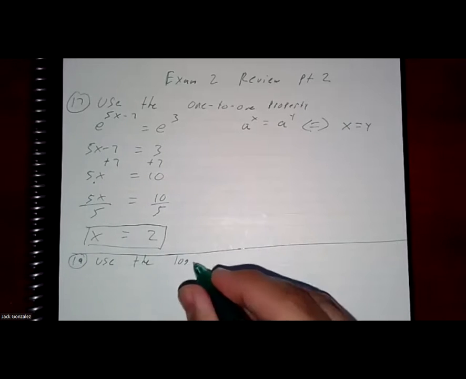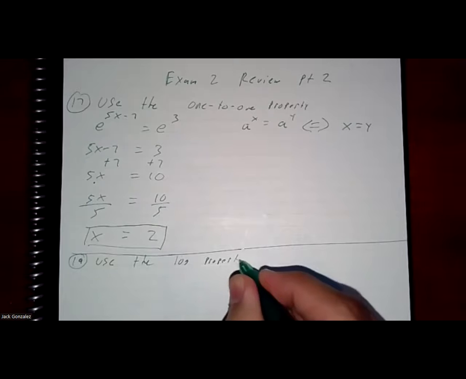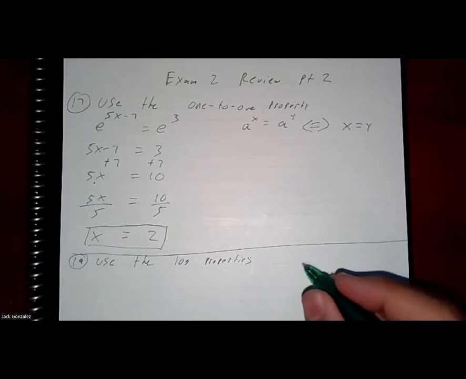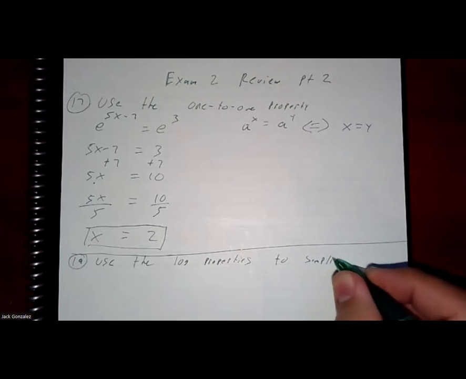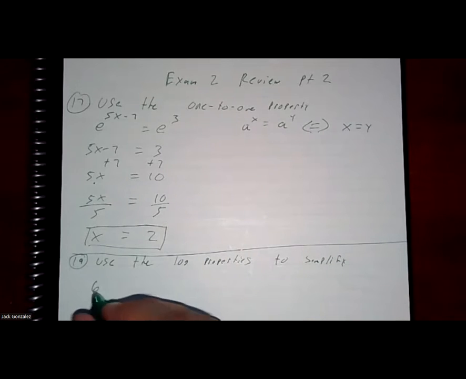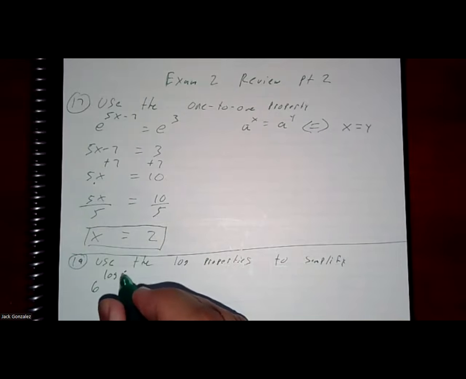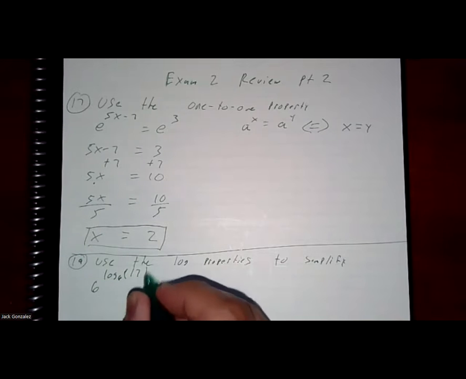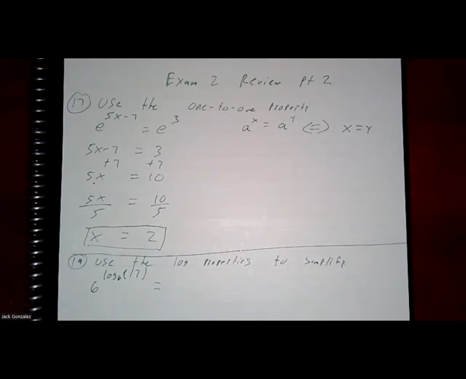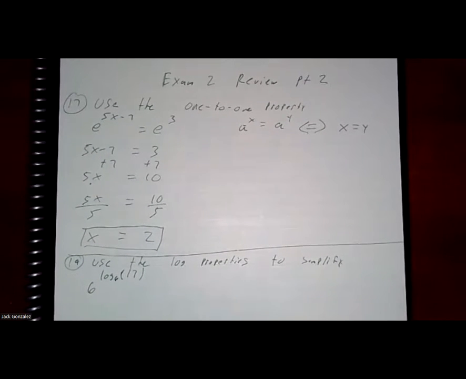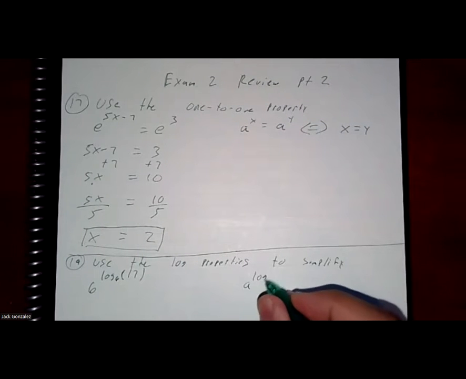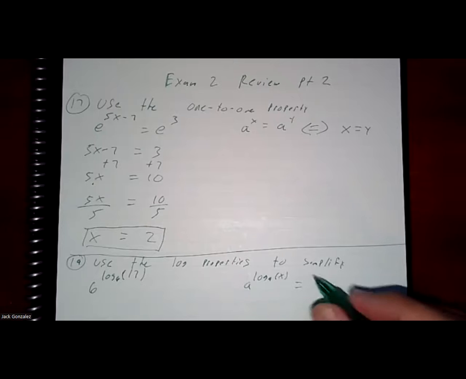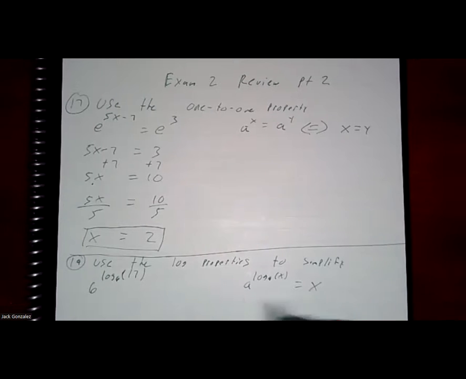Use the log properties to simplify. So remember we said that if the bases match, then they cancel and give you just the argument.